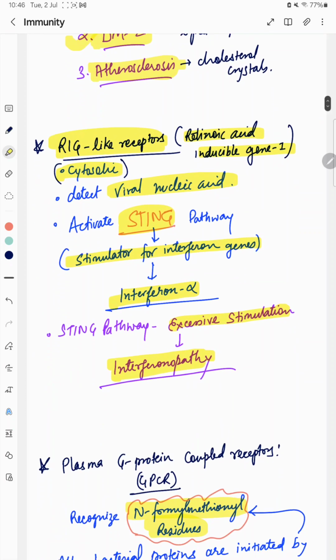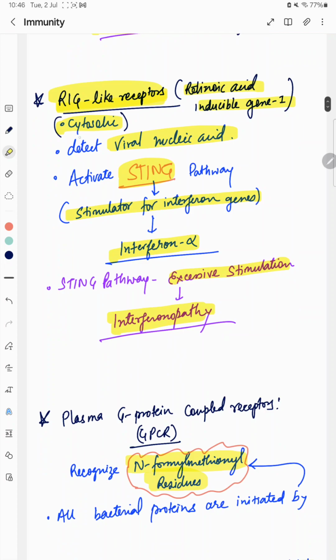Now we will discuss the other receptors. RIG-like receptors, retinoic acid inducible gene 1. These are cytosolic receptors. They detect nucleic acid, viral nucleic acid, and stimulate the STING pathway.